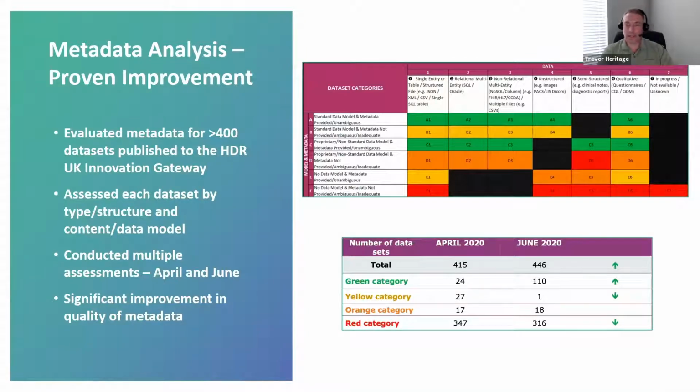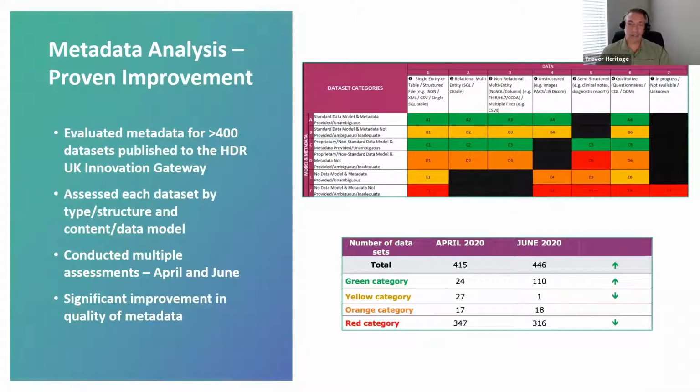So in our metadata analysis, we looked at the data sets that were published on the Innovation Gateway. We looked at them a couple of times. And we assessed them in terms of the data, the type and the format of the data shown across the top of this figure here.